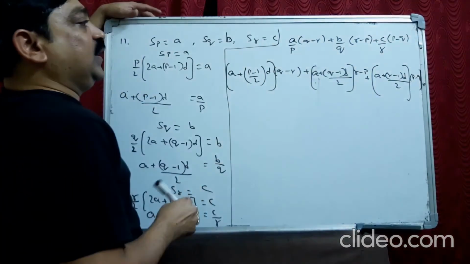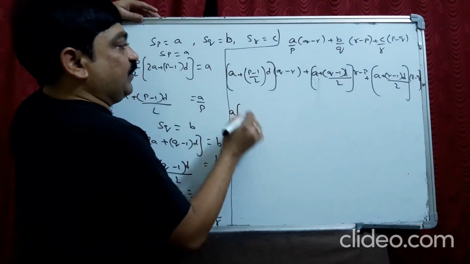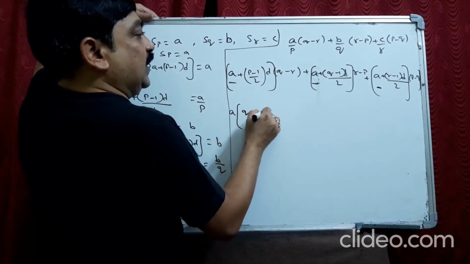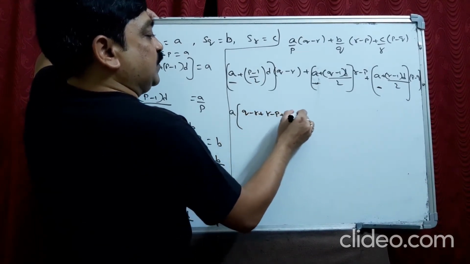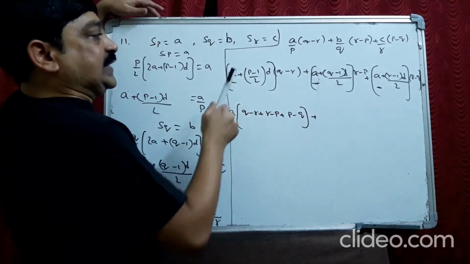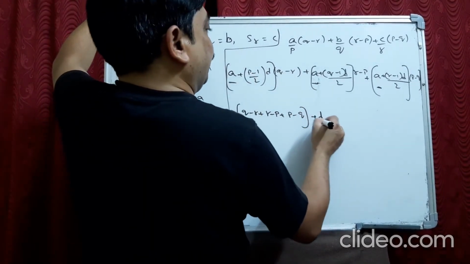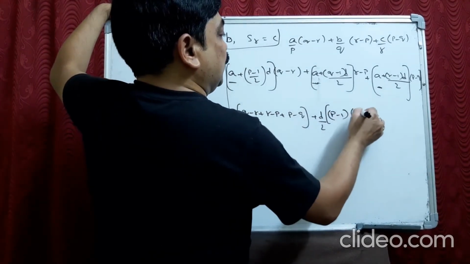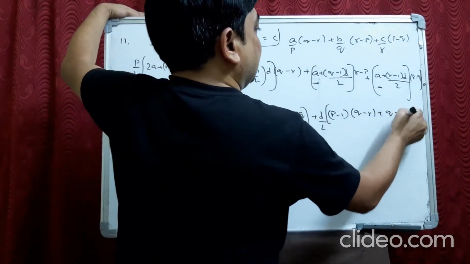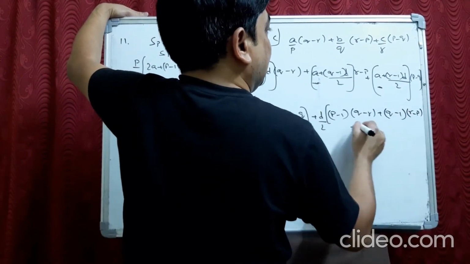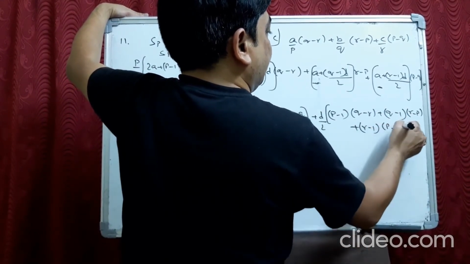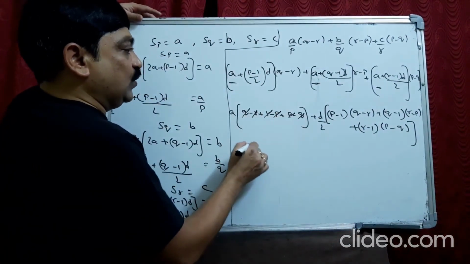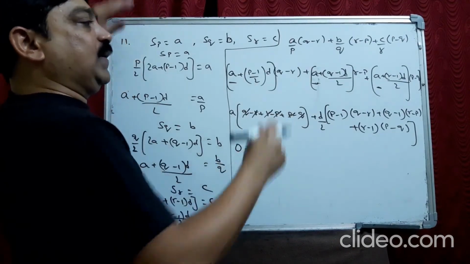If you see carefully, I take A common first. When I take A common from the first terms, you will have Q minus R plus R minus P plus P minus Q. Now from the second terms, if I take D by 2 common, I will have P minus 1 into Q minus R, Q minus 1 into R minus P plus R minus 1 into P minus Q. I will get like this. Now here everything will get cancelled, it becomes 0 plus D by 2 of, let us multiply each and everything.